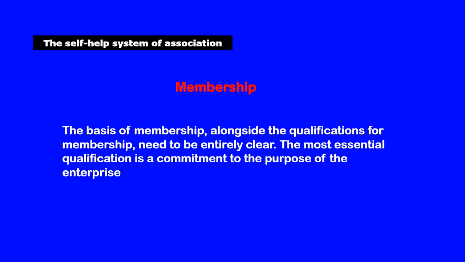A full set of practices to support the system of association must be in place. These will include systems that specify, first, the basis of membership, along with the qualifications for membership, which must be entirely clear. The most essential qualification is a commitment to the purpose of the enterprise and to working with all other members towards the achievement of that purpose.